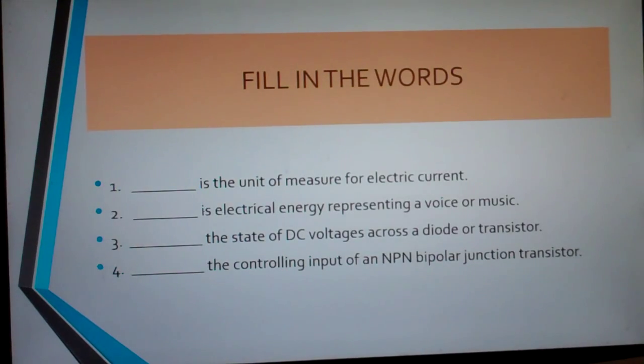Number 3, blank, the state of DC voltages across a diode or transistor. Number 4, the controlling input of an NPN bipolar junction transistor is a blank.